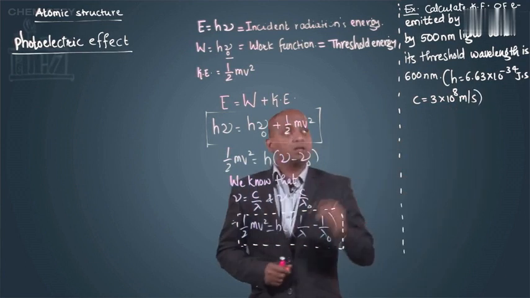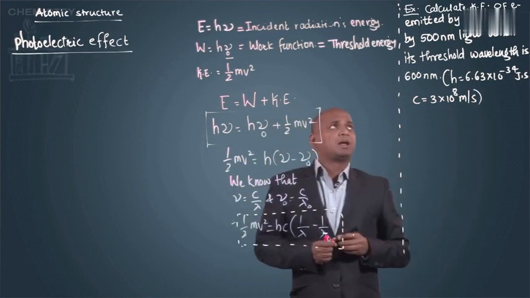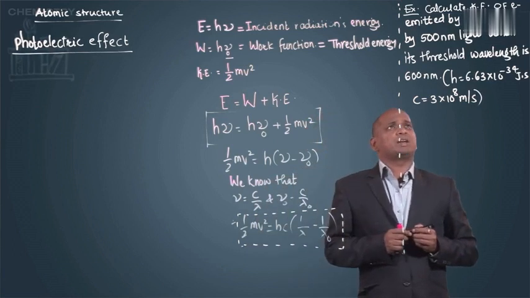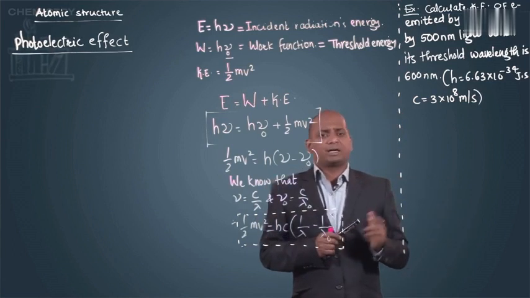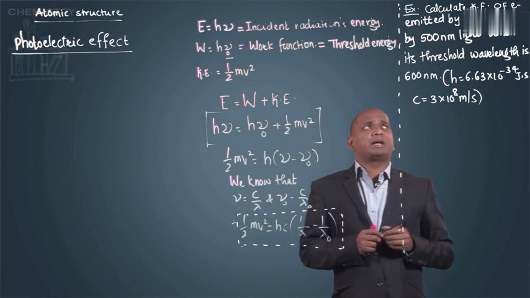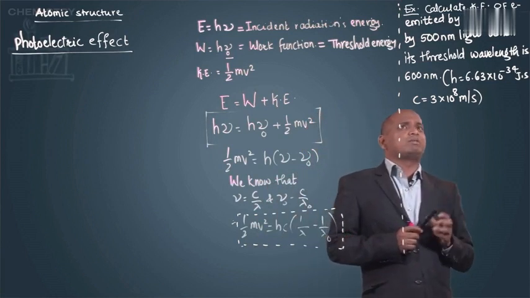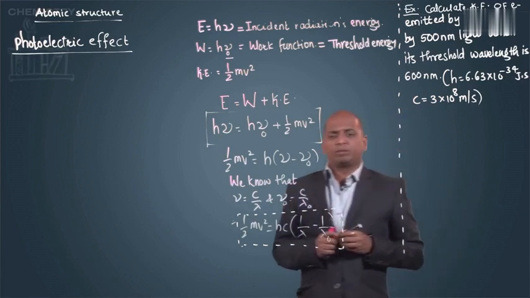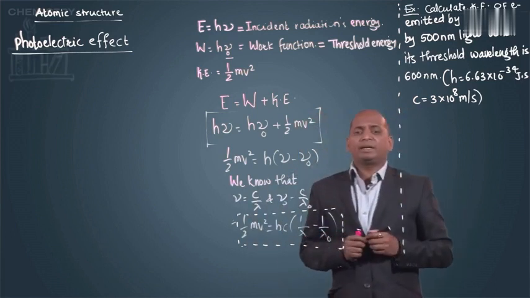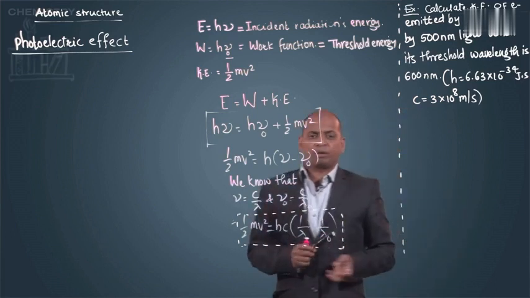Now we will solve this problem. Calculate the kinetic energy of an electron emitted by an atom by 500 nanometer light when its threshold wavelength is 600 nanometer. What we have to calculate is the kinetic energy. It's a simple straightforward problem.